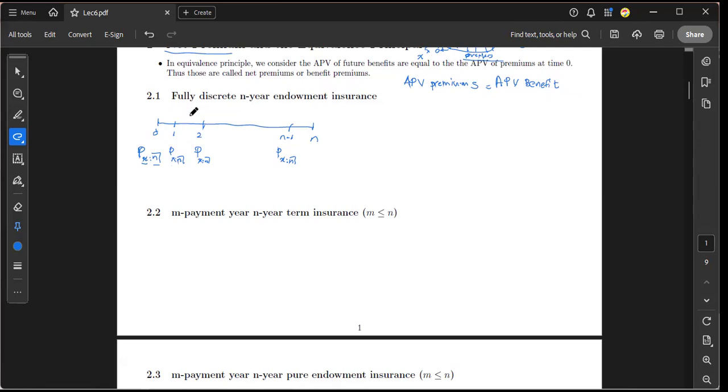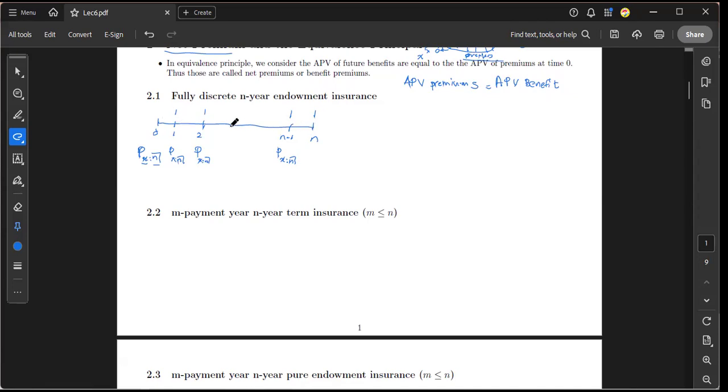But the benefits, since it is fully discrete, can be paid at any year end. So it can be paid in here, here, here, or here, starting from the first year end and going to the nth year end. But it is only $1. That means if you take the death benefit at this point, you will not get this because the death has occurred during this first year and there's no person.